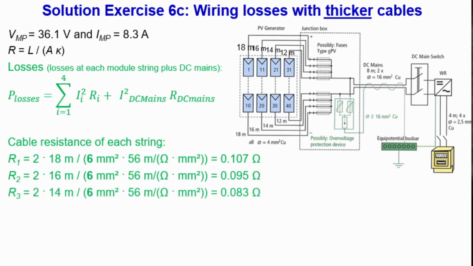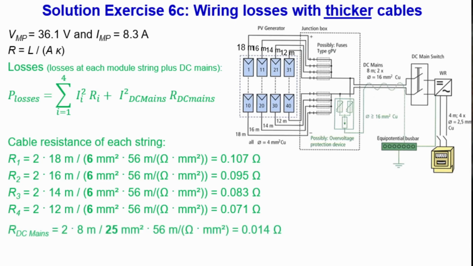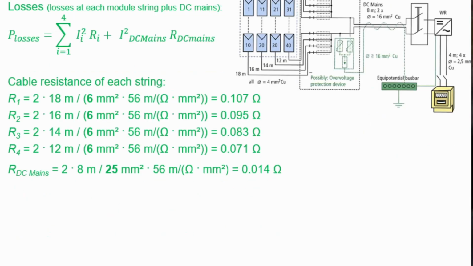For the third it's 0.083 ohms, and for the closest it's 0.071 ohms. For the new mains with the increased diameter, we then have a resistance of only 0.014 ohms.